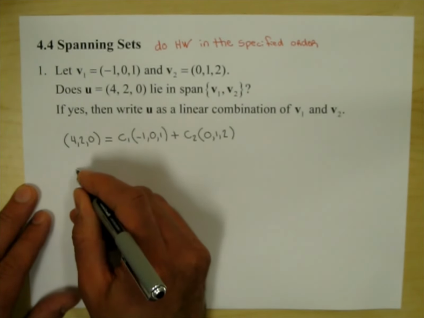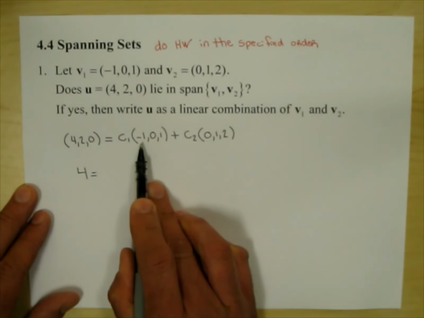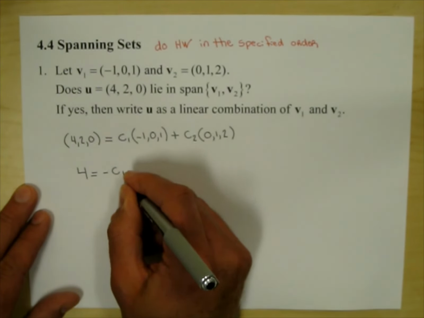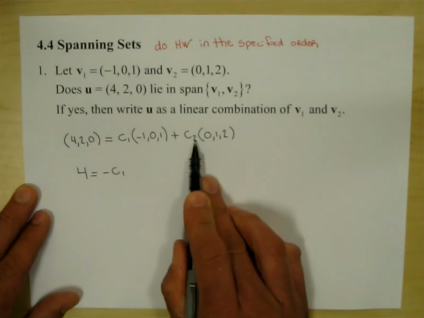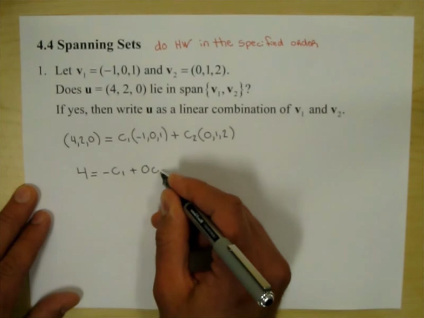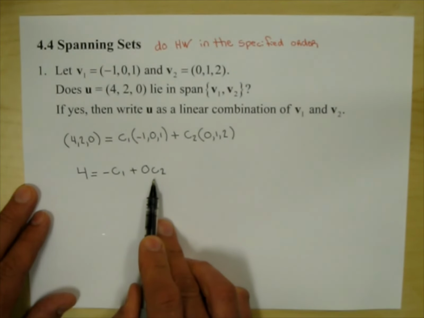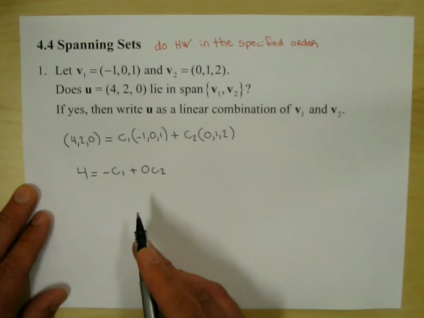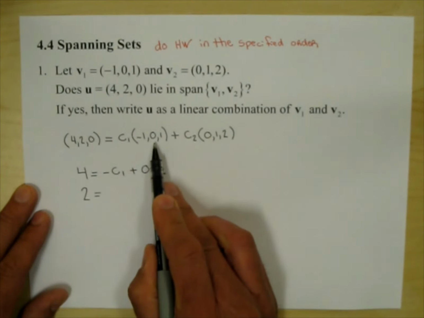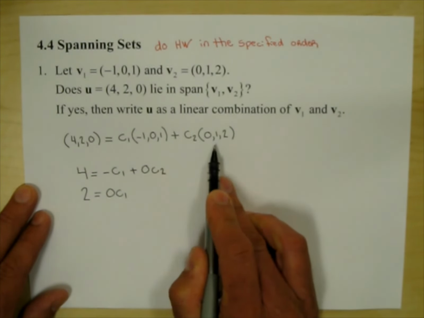I'm going to say that 4 equals, so I pick up the first component, negative C1 plus 0C2. I'll write that out even though I normally wouldn't. So that's how I got that first equation, the first components. The second components will give me 2 equals 0C1 plus C2.